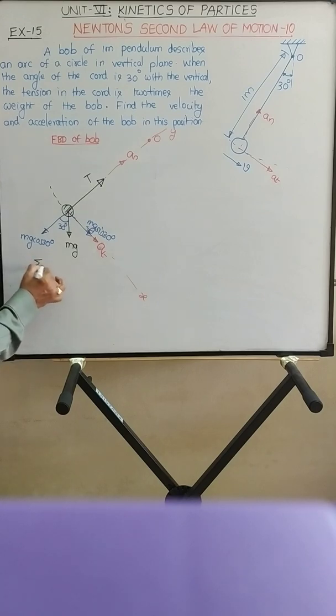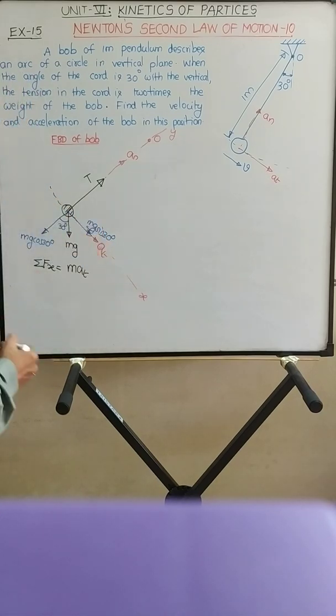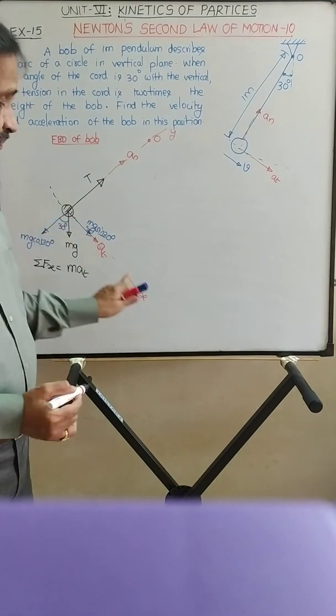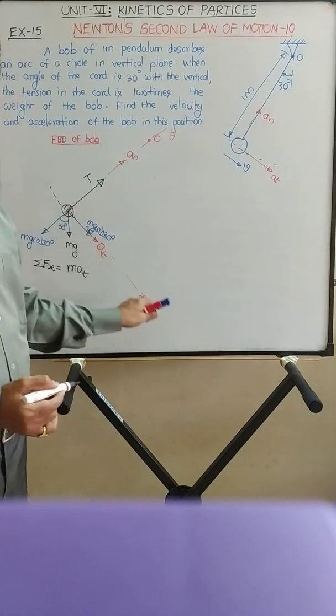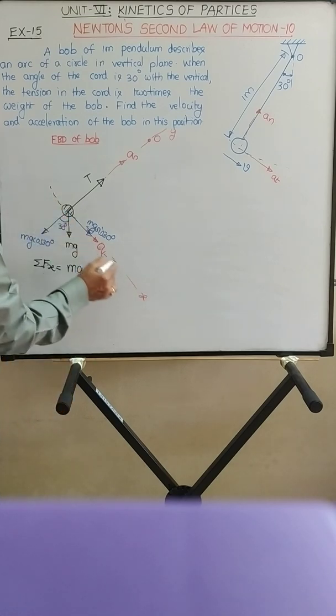Now, summation Fx, the unbalanced force in x direction, is equal to mass into acceleration, as per Newton's second law of motion. It is the tangential component which is acting in x direction. So what are the forces acting in x direction?